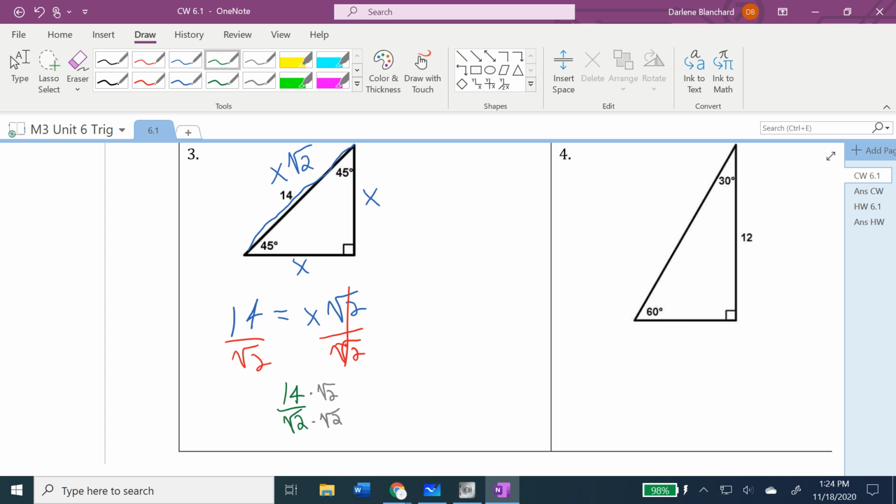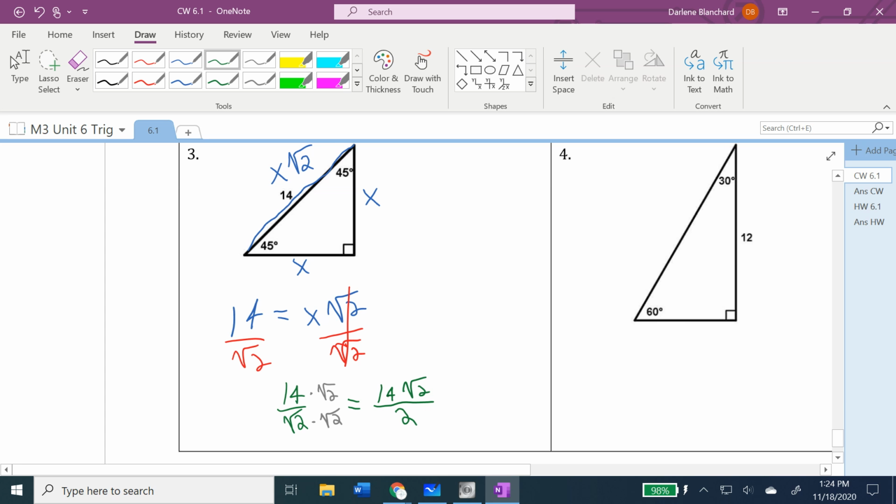Sometimes it comes out looking better than it went in. Sometimes it looks worse. So 14 root 2, and then in the denominator, root 2 times root 2 is what? Yes. Okay, 2.